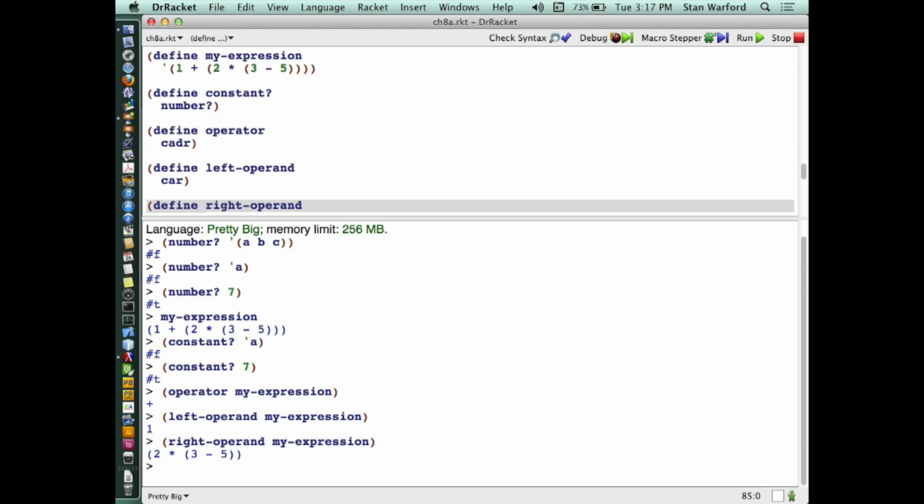And what about the right operand? The cooter of the cooter. How do you spell that? Is it CADDR or is it CDDR? I think the CADDR would be the car of the cooter of the cooter. Are you with me on that?